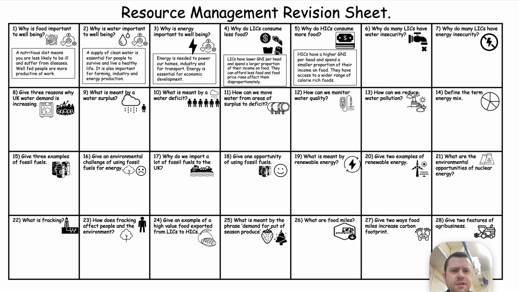Why do many LICs have water insecurity? Water insecurity is not having a reliable supply of clean water. LICs tend to have more extreme climates and less precipitation. This is one of the reasons they may well be an LIC in the first place. Remember our causes of uneven development.